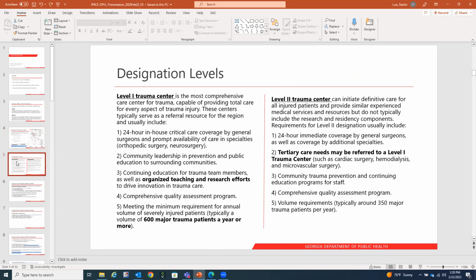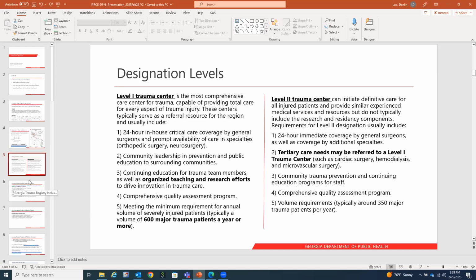A level 1 trauma center is the most comprehensive care center for trauma, capable of providing total care for every aspect of traumatic injury. These centers typically serve as a referral resource for the region and usually include 24-hour in-house critical care coverage by general surgeons and prompt availability of care in specialties.